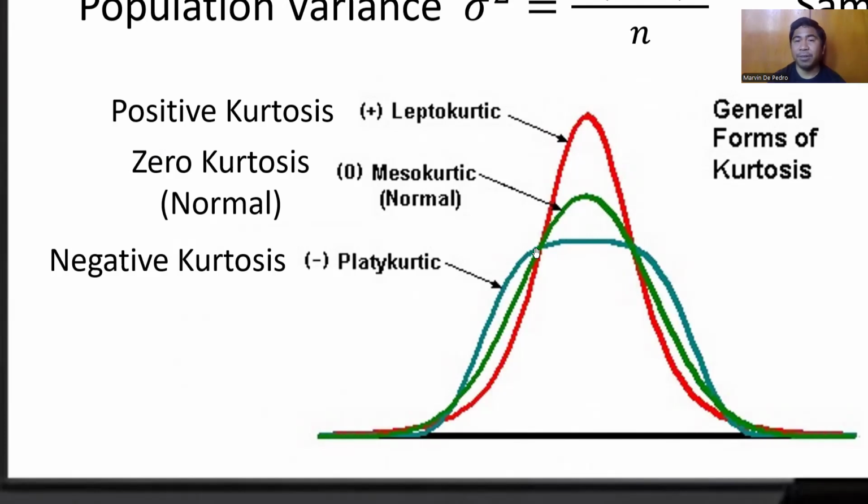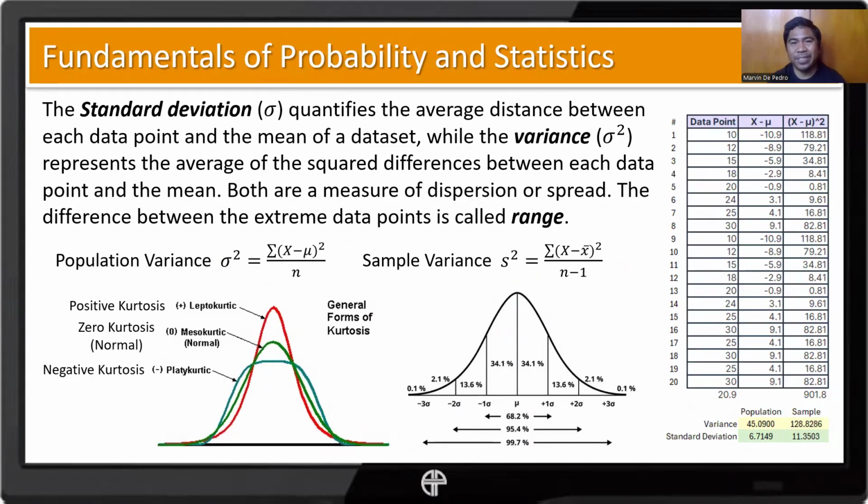The rest we only have very few. If it's a negative kurtosis, meaning it's well spread, we describe the data set as platykurtic. These are some of the important terms that might come out in our board exam, so that's why we introduce them here.